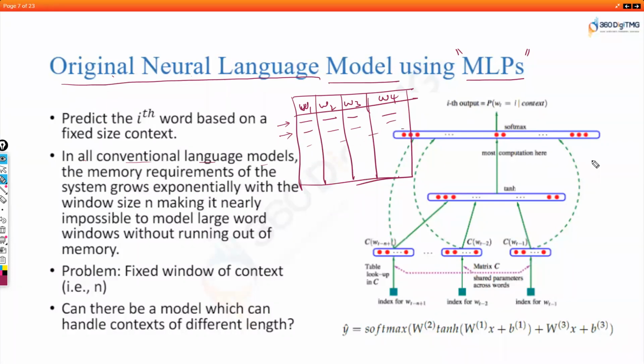And then when you want to train, assume that these are your inputs and this is your output. Word 4 is your output and these 3 words are your inputs. When you want to supply the inputs to your model, you cannot supply the words in the raw format. Your model will not understand.